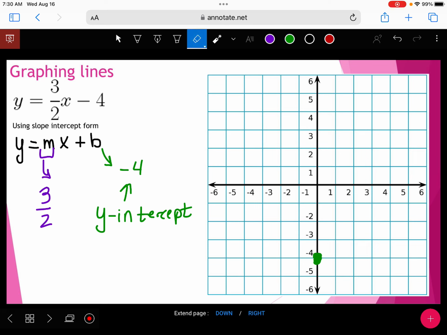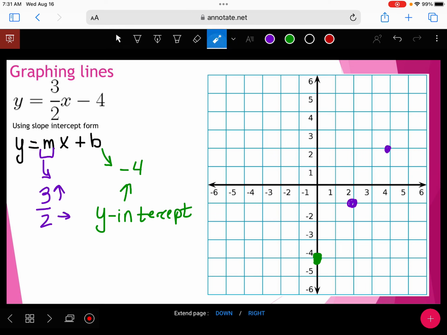How do we do that? What do we use to remember how slope goes? Rise over run. So I'm going to go 3 up, 2 to the right. So I'm going to go from this green dot, 1, 2, 3 up, 1, 2 over, and we get a dot right here. I can do that again, up 1, 2, 3, over 1, 2.